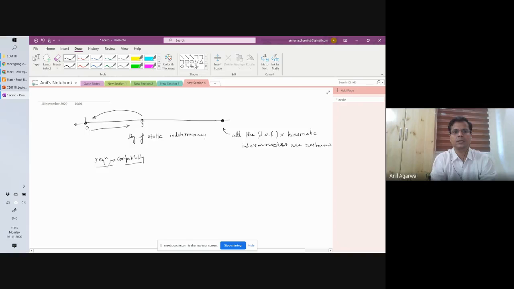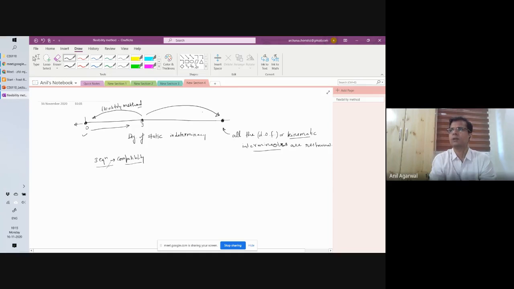So in this particular case, in case of a flexibility method, we were releasing the forces. That means we were making the forces 0. Here what we are doing is we are making all the displacements at every kinematic indeterminacy 0.